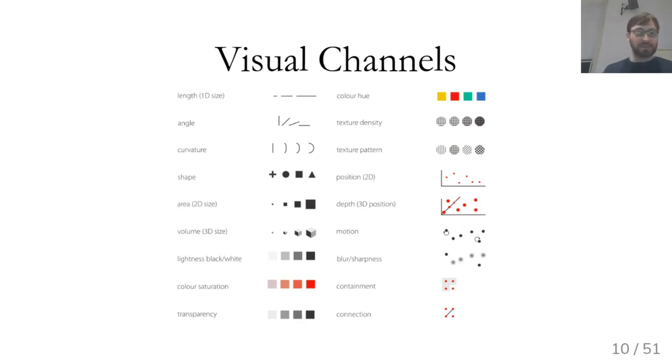So you have things like length, angle, curvature, shape, area, volume, different aspects of color like brightness, saturation, hue, texture, and then position and different grouping and things.